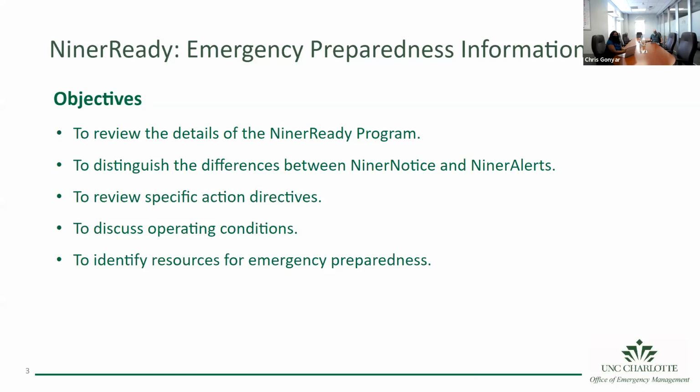We want to review some specific action directives that come with those Niner alerts. So when we send out an emergency alert for severe weather or a campus evacuation or something else, we provide action directives, and we want to go through what those are and what they mean, what we're asking people to do. We'll briefly discuss the university's operating conditions, and then we also want to identify some resources for emergency preparedness.